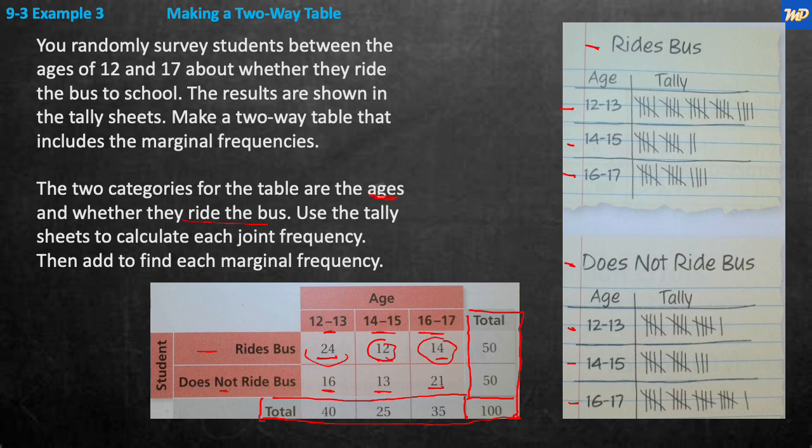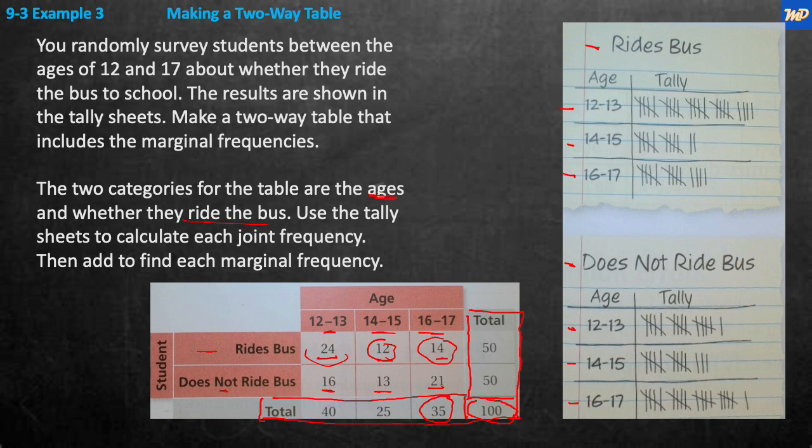And 16 and 17 makes 14, and 14 and 21 is 35, right here, 35 students, 16 to 17-year-olds, whether they ride the bus or not, that's what were surveyed. And if you add these up, 25 and 35 and 40, you're going to get 100.